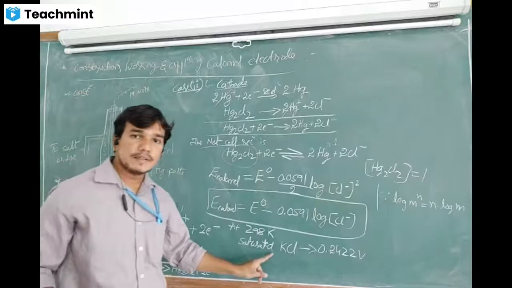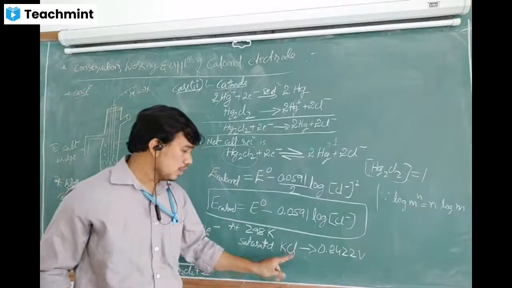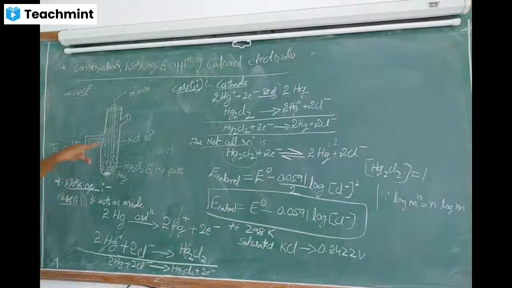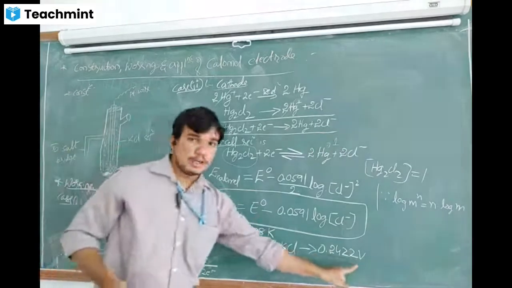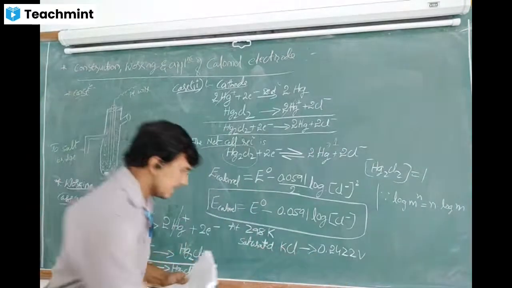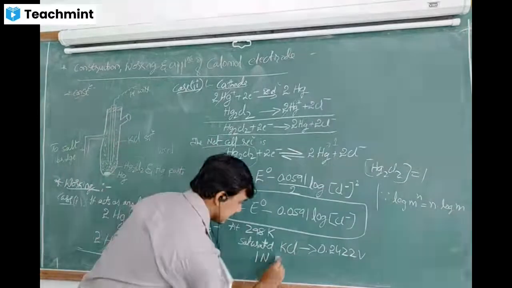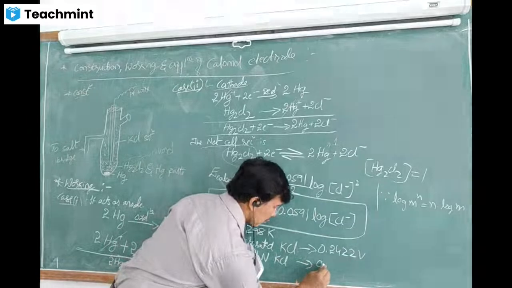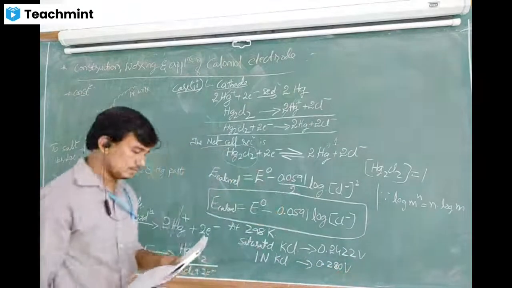By standardizing with SHE, the primary reference electrode, for saturated KCl solution it is 0.2422 volt. If you use one normal KCl solution, we will get 0.280 volt.